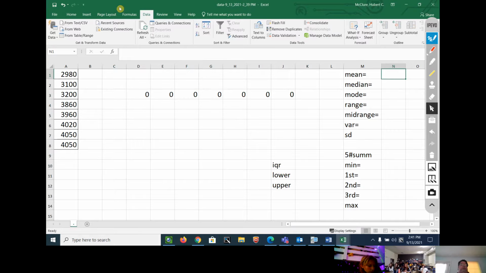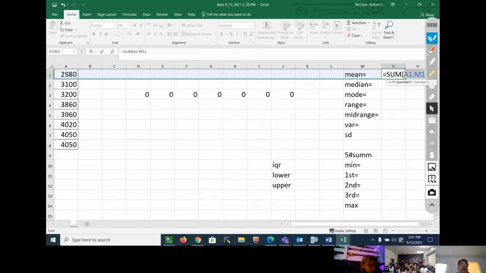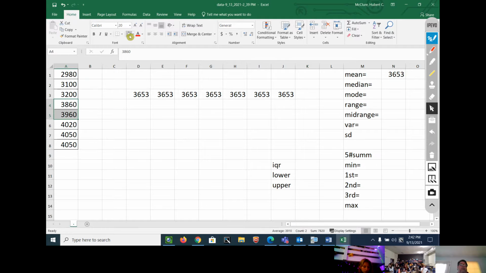The mean is going to be equal to the summation of all those numbers. We got 8 numbers divided by 8. The median is going to be 8 numbers, so the middle 2 numbers are going to be added together. Equals parentheses this number plus this number divided by 2.